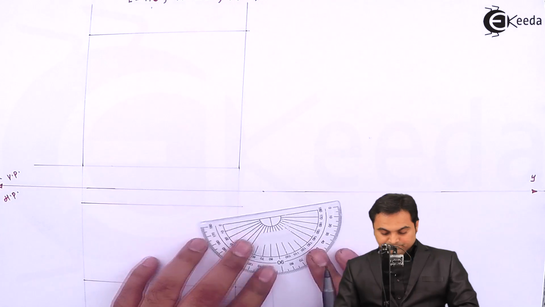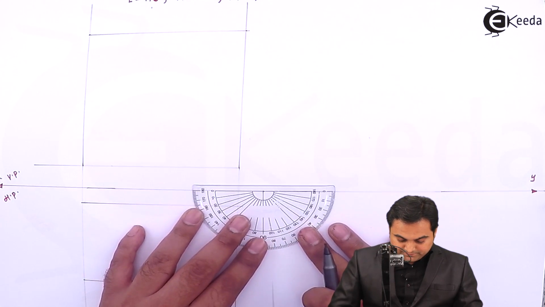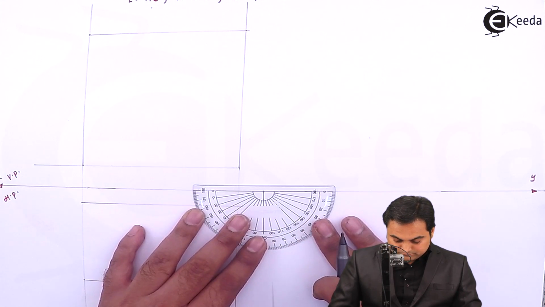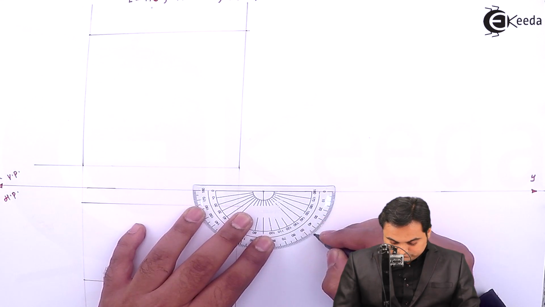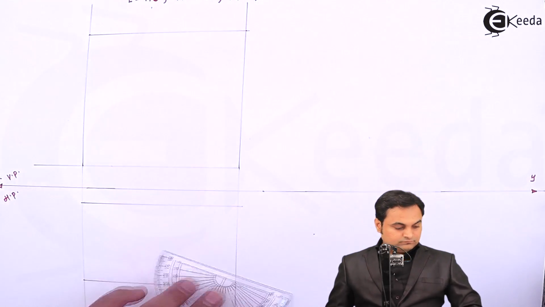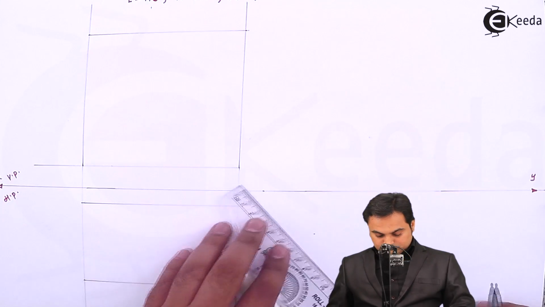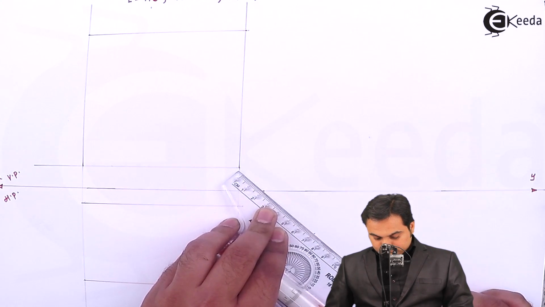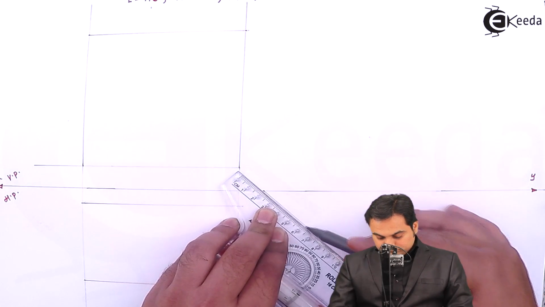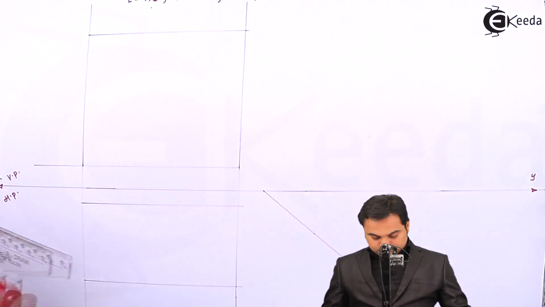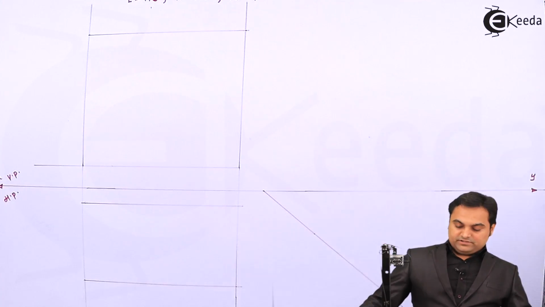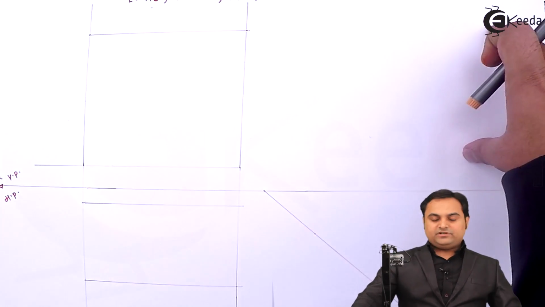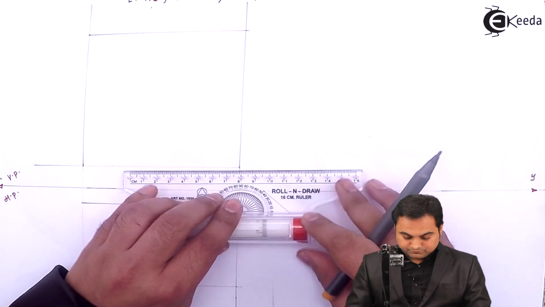Then for the side view, here I am drawing a 45-degree line. Looking from the side, the height and width are visible. Height I'll get it from the front view, width from the top view.